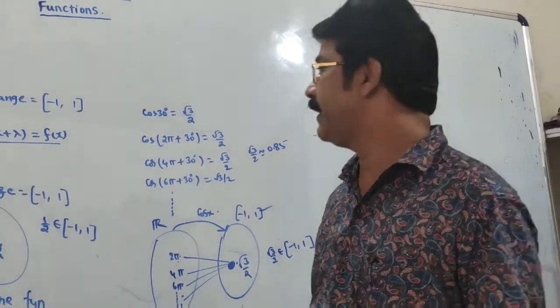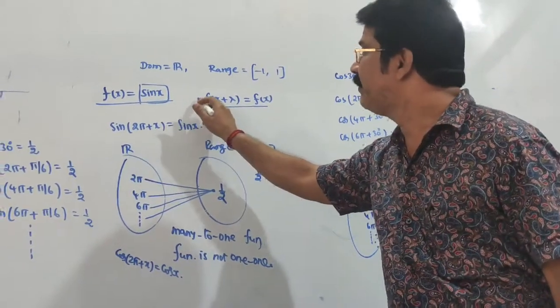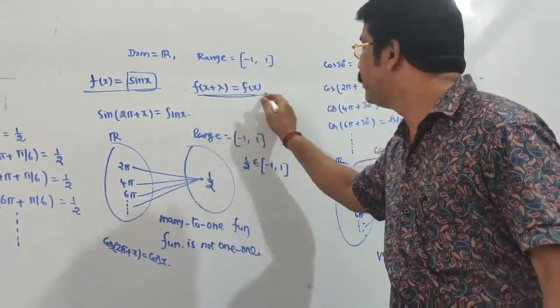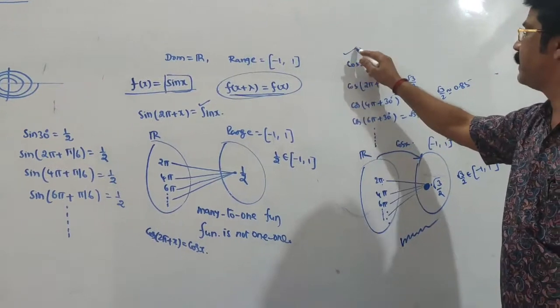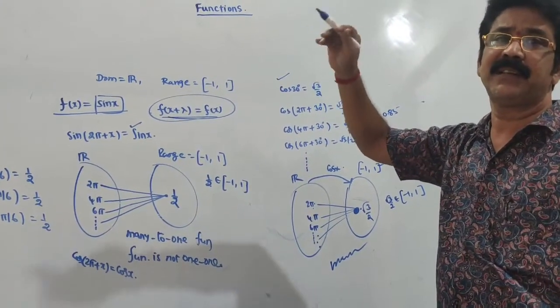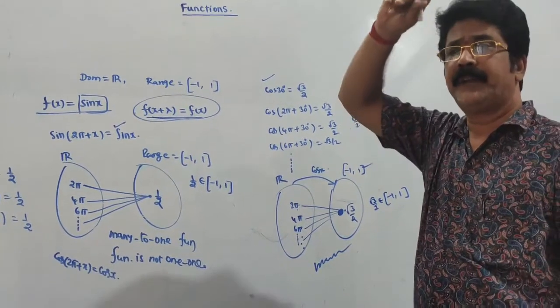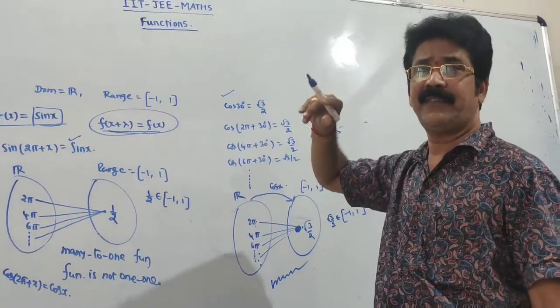So ultimately, sin x is a periodic function. Due to this condition, sin x and cos x are periodic functions. Similarly, sin, cos, tan, cot, secant, cosecant, all six trigonometric ratios or functions are periodic functions.